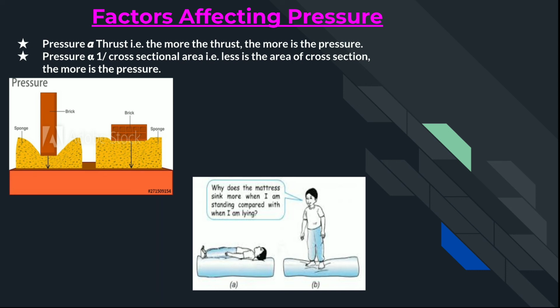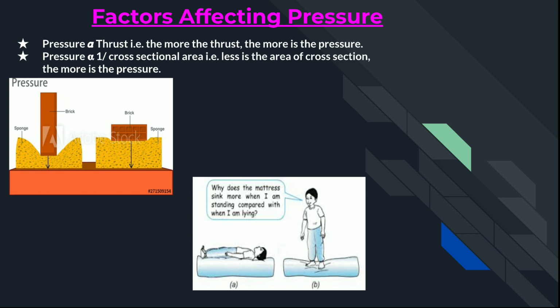From the diagram you can see a brick kept in a longitudinal position on a sponge. As the cross-sectional area of the brick is small, it creates a larger pressure. In the second picture, the cross-sectional area of the brick is more and therefore it exerts less pressure.